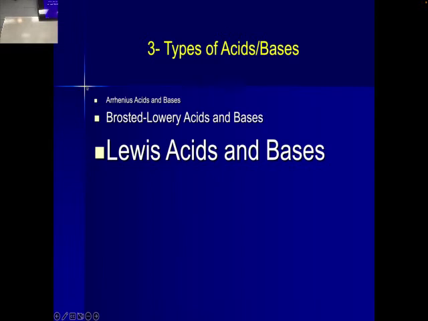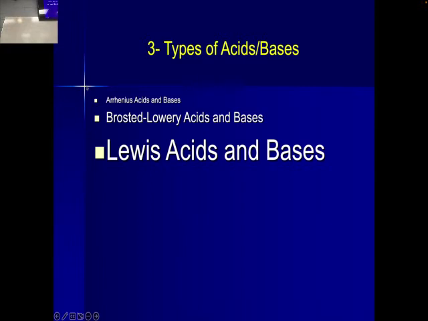An Arrhenius base was anything that you dissolve in water and it forms hydroxide ions, OH minus. So sodium hydroxide, if you dissolve it in water, makes OH minus. It is an Arrhenius base. That was Arrhenius' definition. If I put it in water and it makes H3O+, it's an acid.